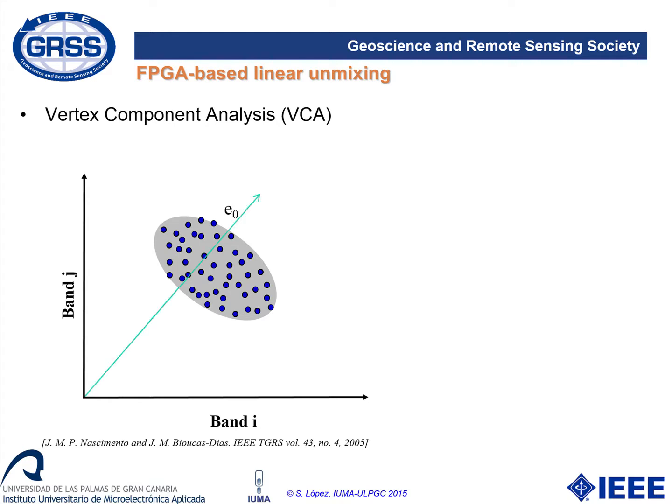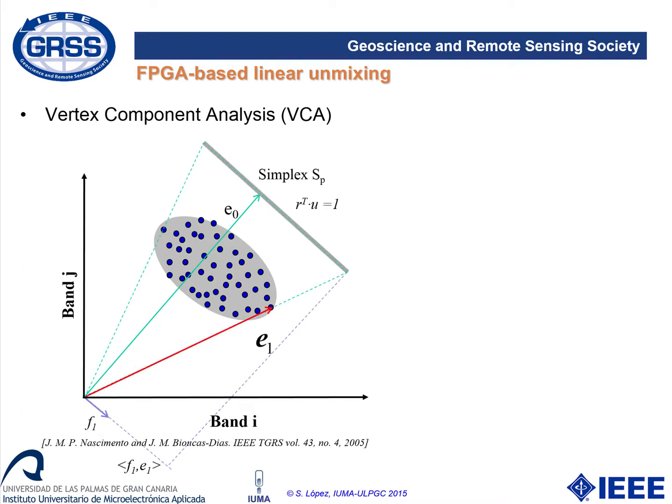And this algorithm is based on the concept of orthogonal projections, and the main idea is that we start with a random vector E0, and then we project the whole image into a direction orthogonal to this first vector, and we get the pixel that has the maximum projection onto the direction signaled by this orthogonal vector F1.